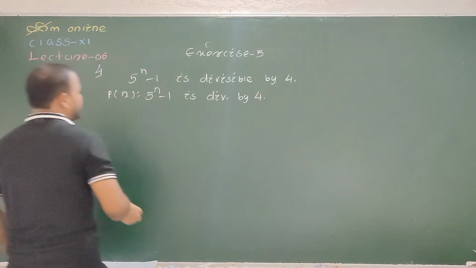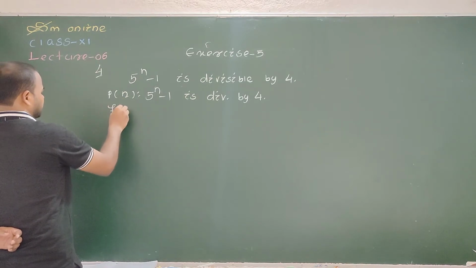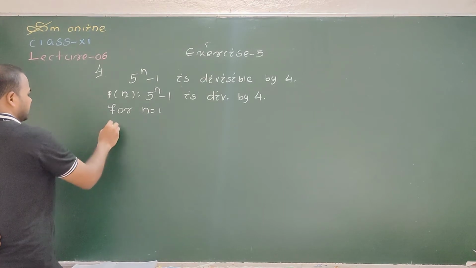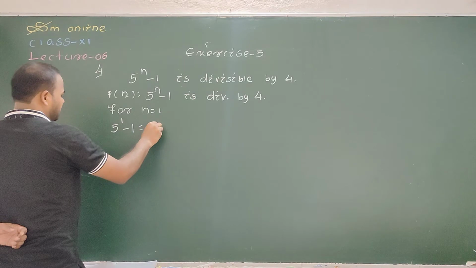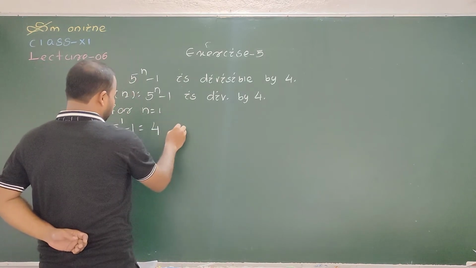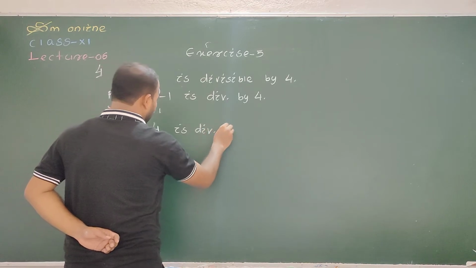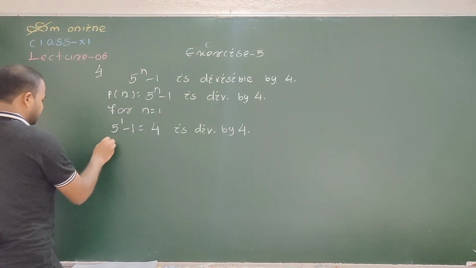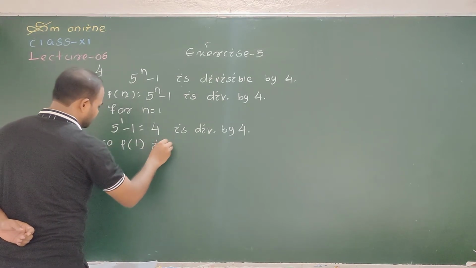Okay, now for n equal to 1, it is 5 to the power 1 minus 1, that is 4, which is divisible by 4. So P1 is true.